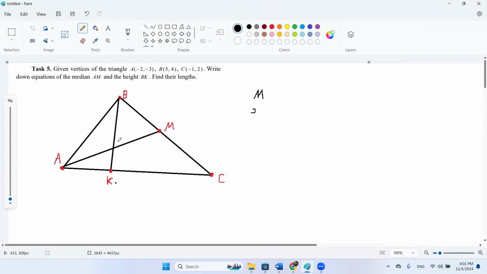write down the equation of this line based on 2 points. So we know 2 points, and we will write it.